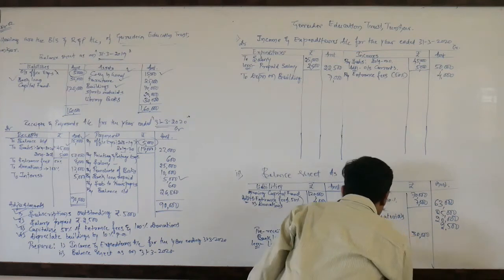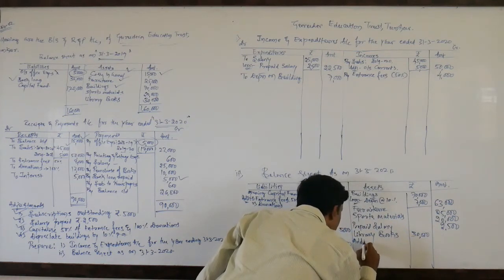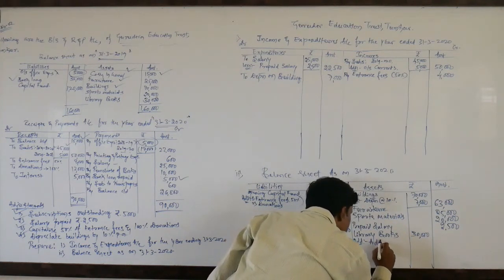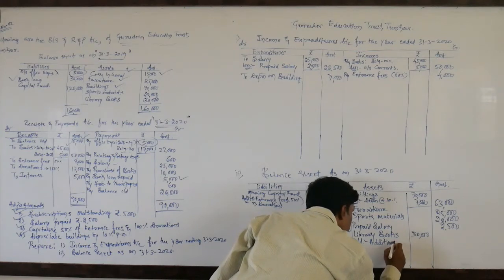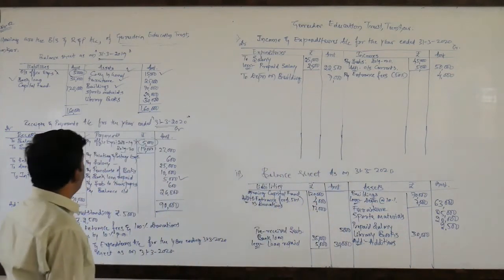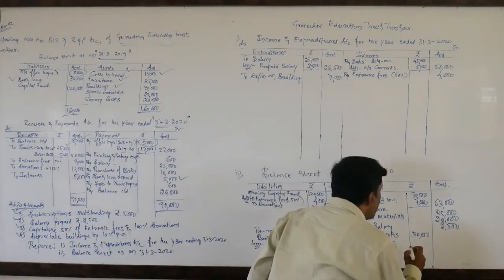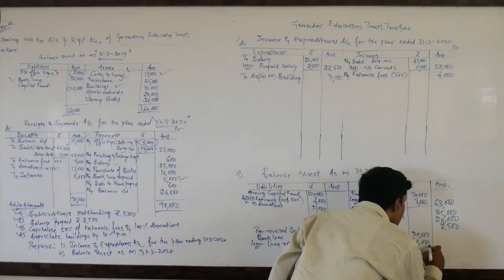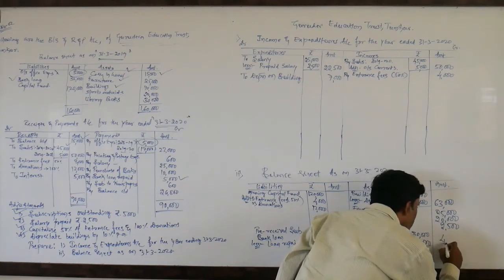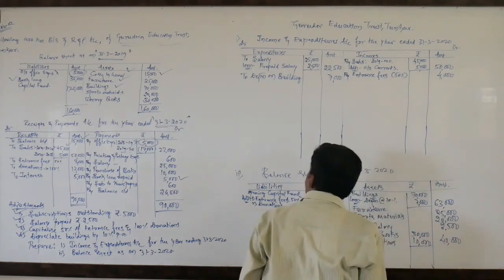Additions during the year. How much additions? The purchase of books, rupees 10,000. So the total library books we made is 40,000.